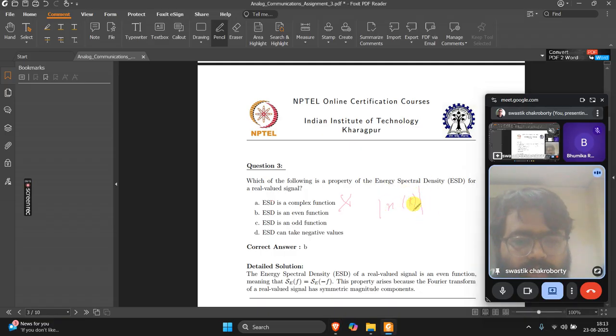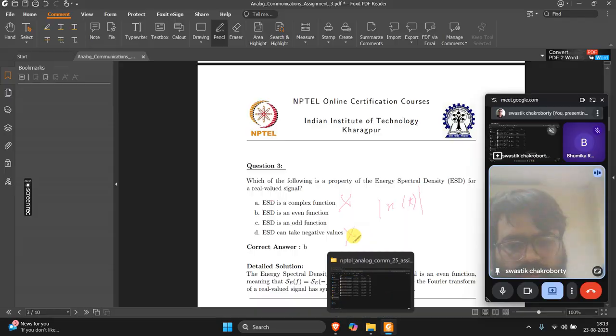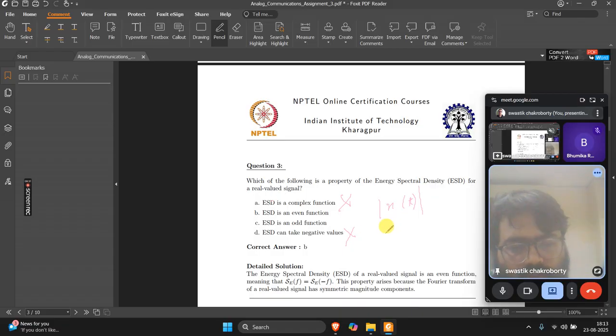If you are taking the magnitude of the signal, even if it's complex, it's bound to be real. So it's bound to be real, bound to be positive. So it cannot be complex, and ESD can take negative values, which is again false. ESD can only take positive values. And we have seen that as mod xt square is even, the summation of that mod xt square, which gives us ESD, is an even function.